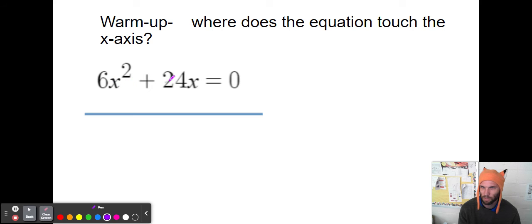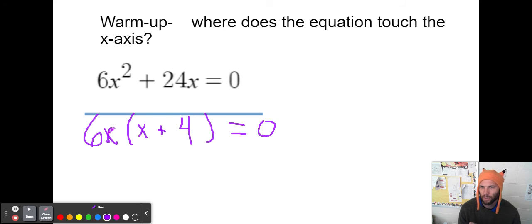Okay, so 6x squared plus 24x. The GCF is 6x. And on the inside is x plus 4. This is still equal to 0 because if I multiply this out, it's the same thing.